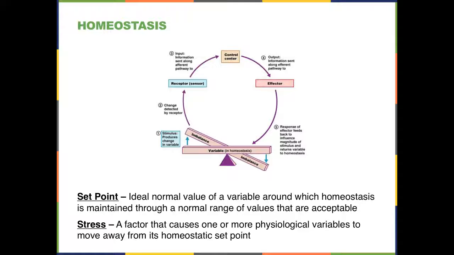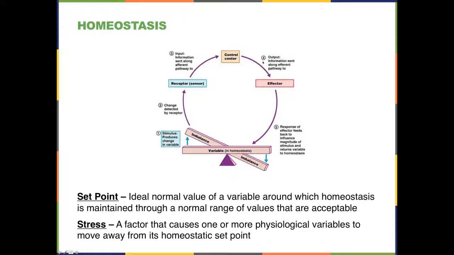And so if you look at this diagram, you see that in the normal situation, everything is cool and we're in homeostasis. And then a stress occurs, either an increase or a decrease in temperature. This is the stimulus. This is then detected in some way by a receptor, which goes to the control center and says, wait a minute, the set point is 98.6 and it's 93.4 or something like that.